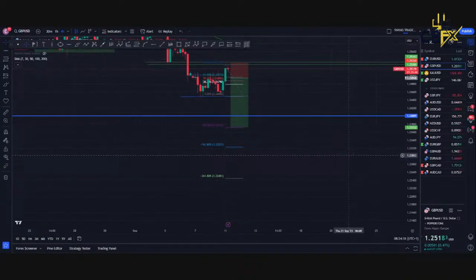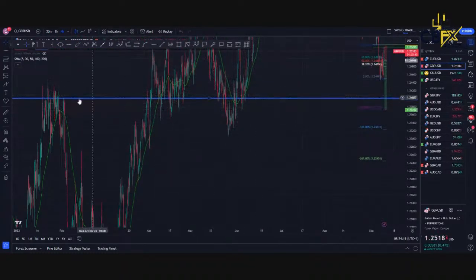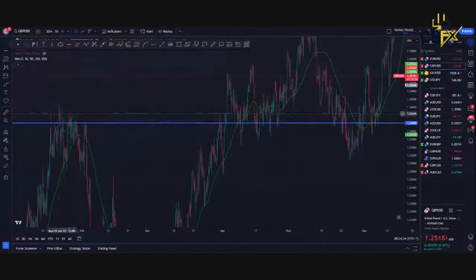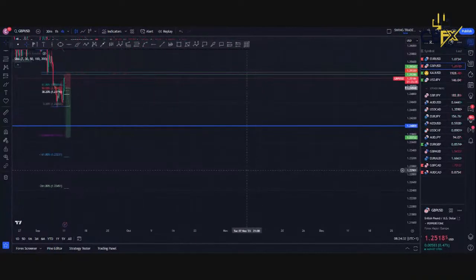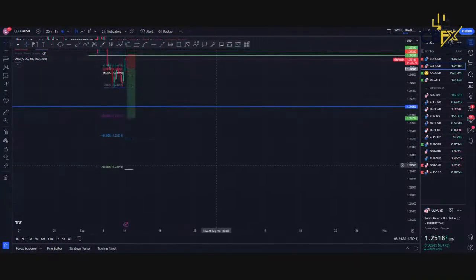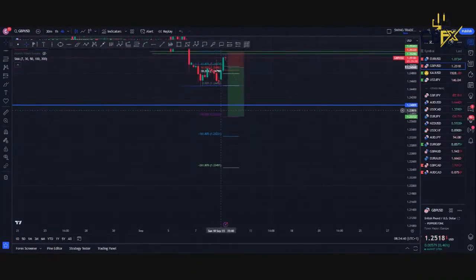That's when we start looking for price action because we see multiple reactions on the previous market at that level. Price reacted multiple times on that strong psychological level. So I'm expecting the price to come there and react again before rallying back up. That's why I'm setting my analysis to be within that range.